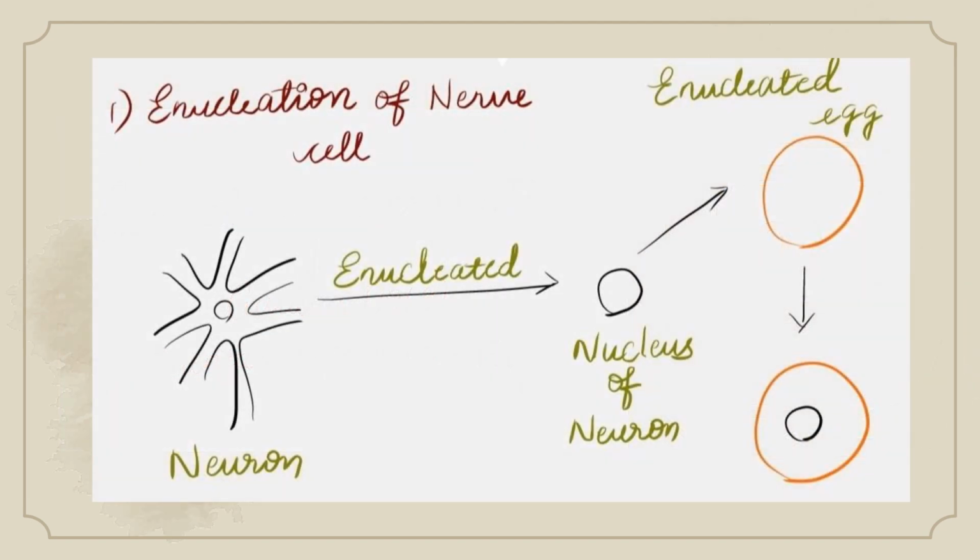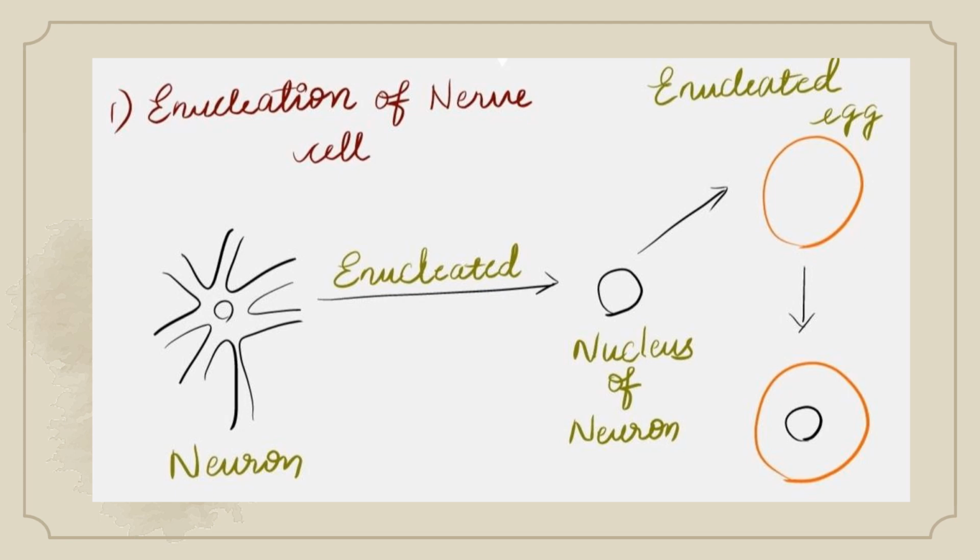So first one, enucleation of the nerve cell. Nerve cell is nothing but a neuron. When we remove the nucleus from this neuron, this process is called enucleation. The nucleus from the neuron is inserted into the enucleated ovum of the frog.